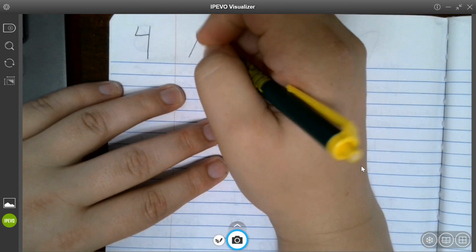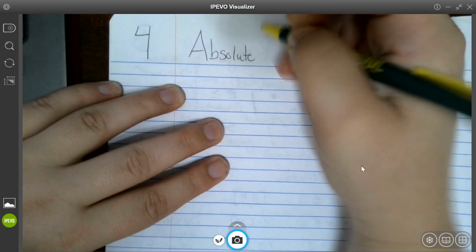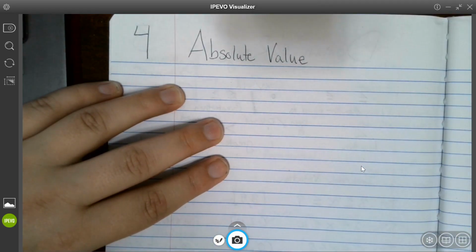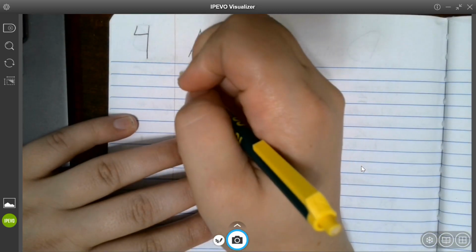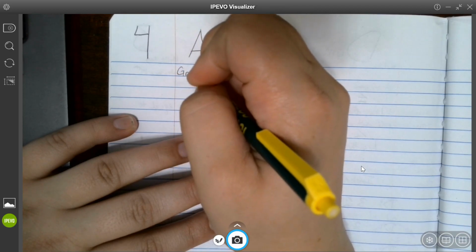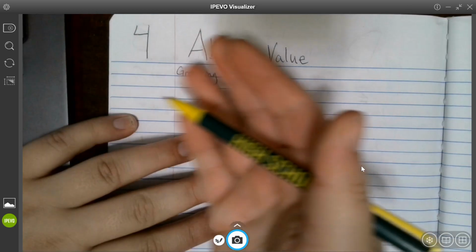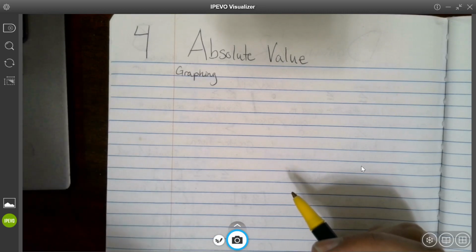Absolute value. There's a lot of things with absolute value, so we're going to break it down into different sections. We're going to start with graphing. So what we're going to do is we're going to start with the simplest possible equation, the parent function.